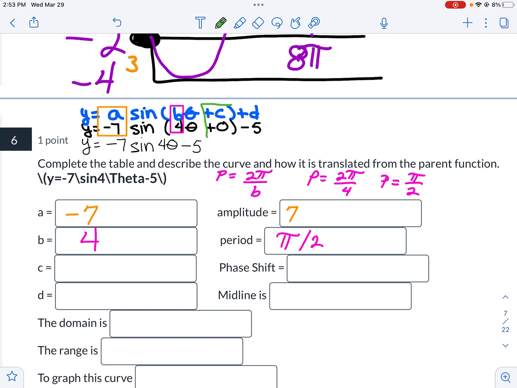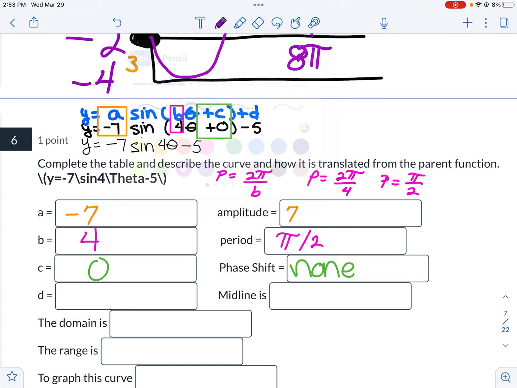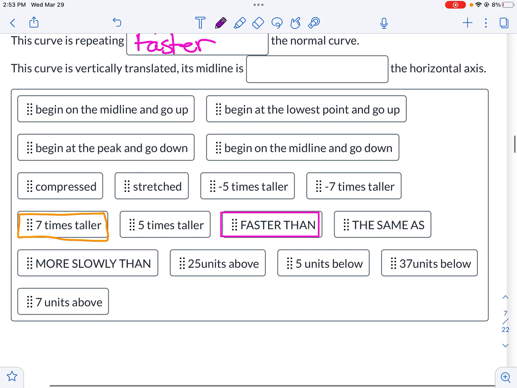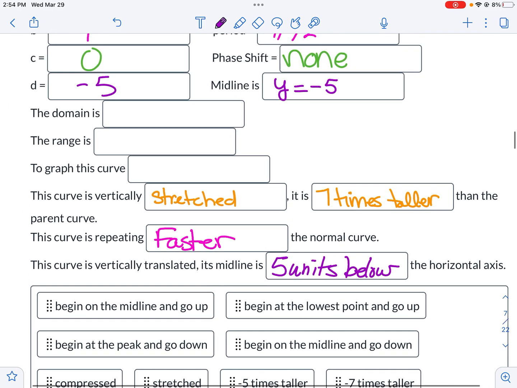Okay, and then C is equal to 0, so this is none, and D is equal to -5. So the line is y equals -5. So it is 5 units below where it's supposed to be.